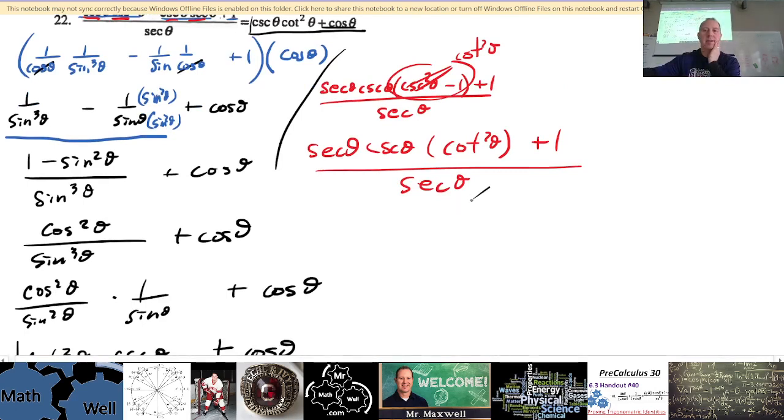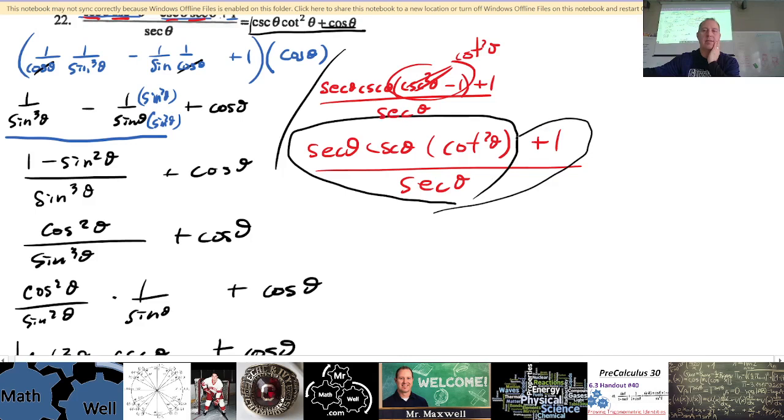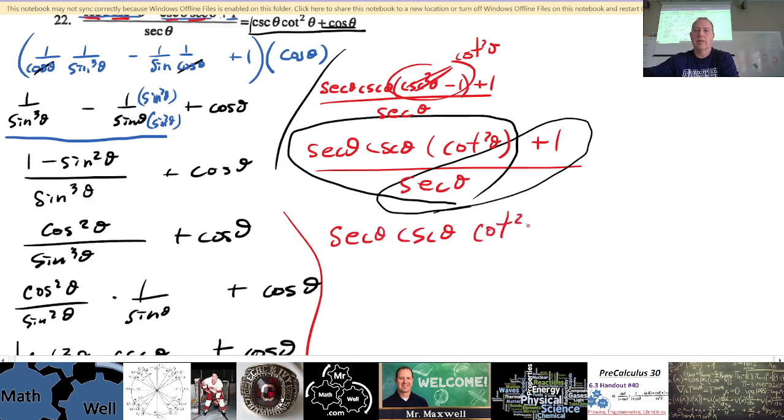And from here, you can take this as a fraction separately from this. So you can write this as two fractions. So that's going to look like secant theta cosecant theta cotan squared theta over secant theta plus 1 over secant theta.